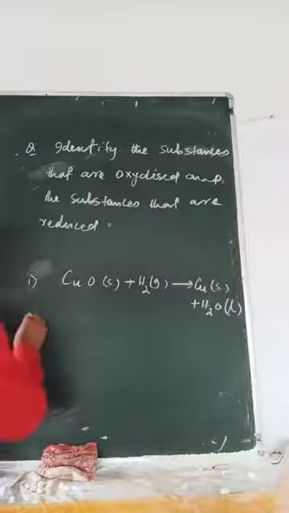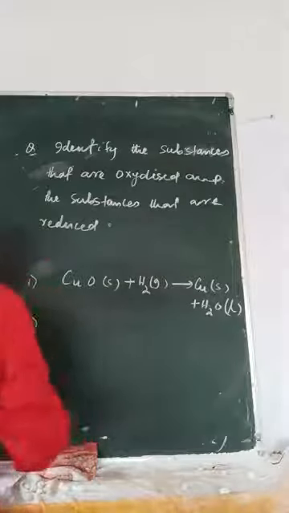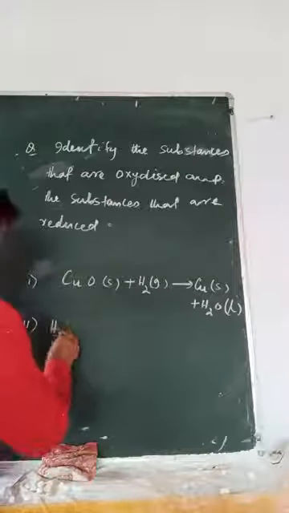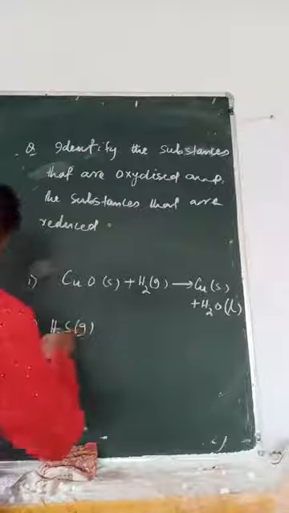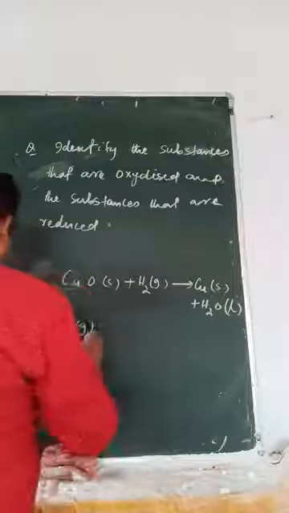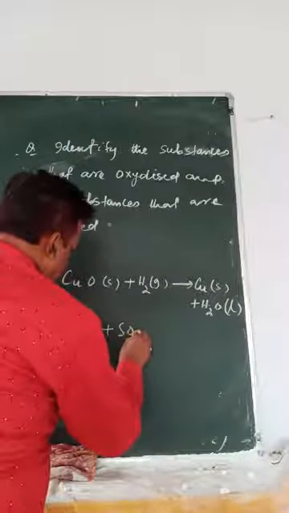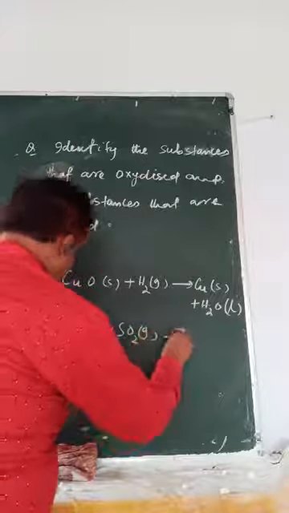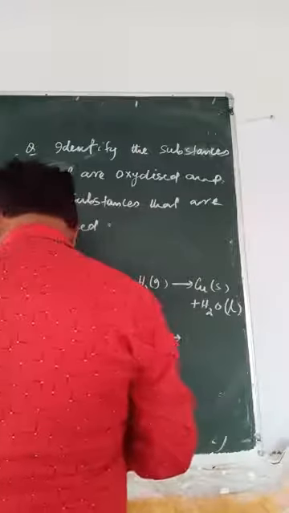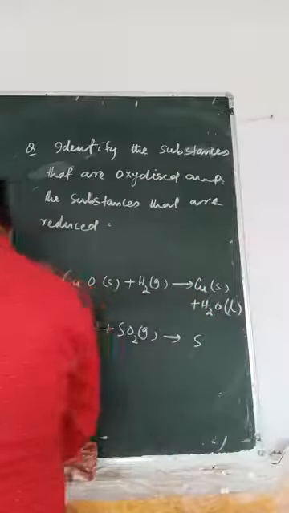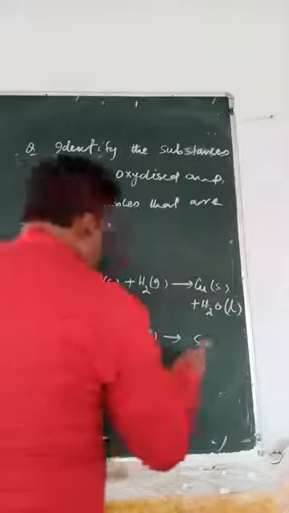Second equation, H2S, hydrogen sulfide gas, added to sulfur dioxide, that is also gas, gives you sulfur plus 2H2O, liquid.